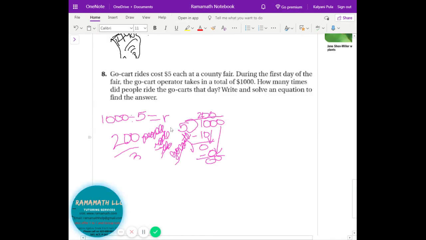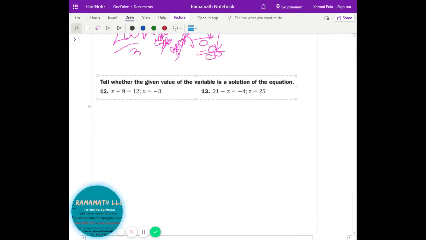One thing I definitely like, you got the 200 people right here. That's really good work. But the question also says, write the equation. So $1,000 divided by 5 gives you how many people. That's good.